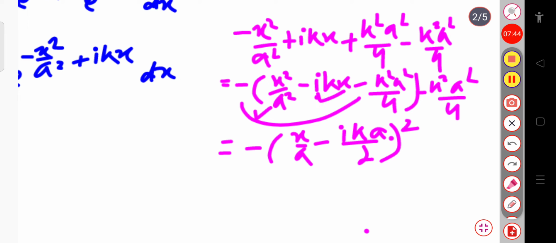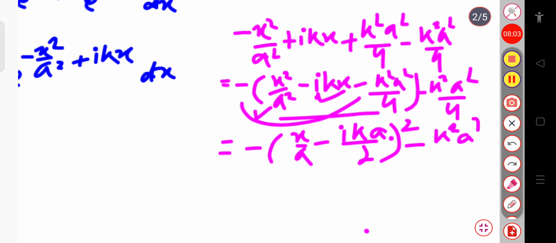Now the ika by 2 whole square, this will be i square is minus 1, k square a square divided by 4. So I have written the complete, correct expression. Now this is minus of k square a square divided by 4.